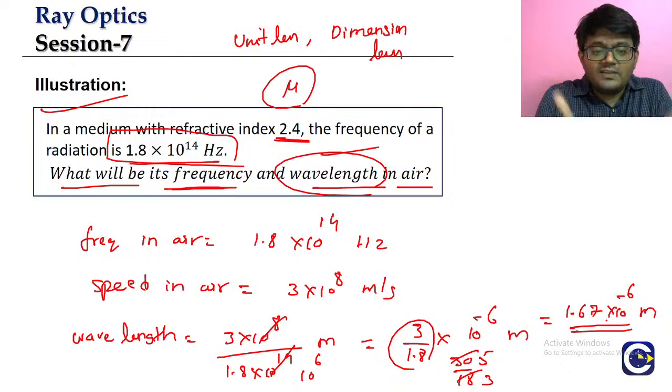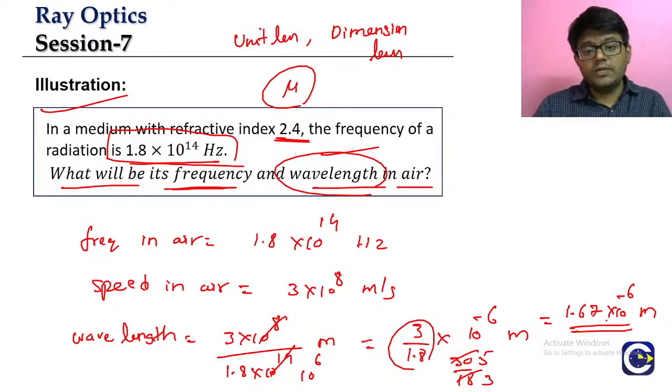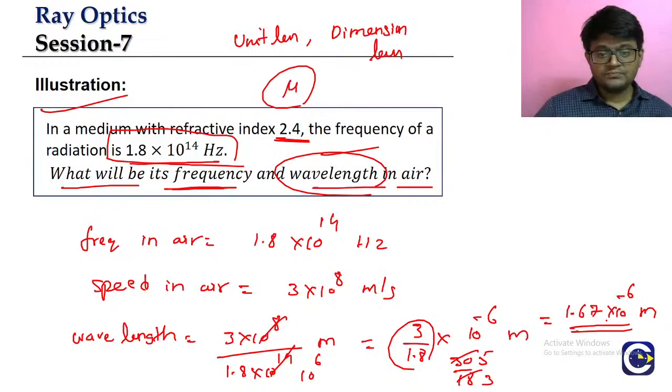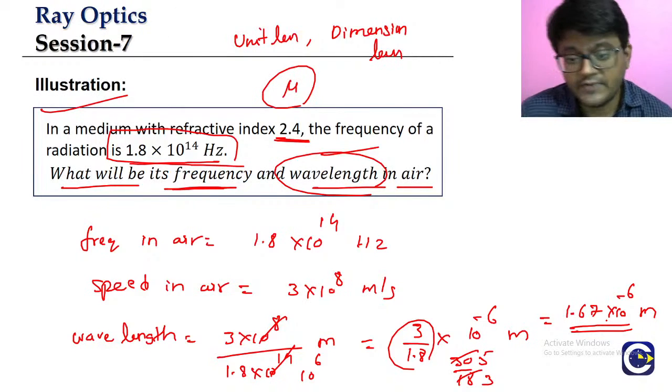I've seen some students make this common mistake: whatever value we get, we try to divide by 2.4. But we should not do that if we are clear in terms of the concepts. The wavelength we can simply get from the speed of the radiation in air and the frequency. So we don't require this 2.4 value. It is extra information that is not required.